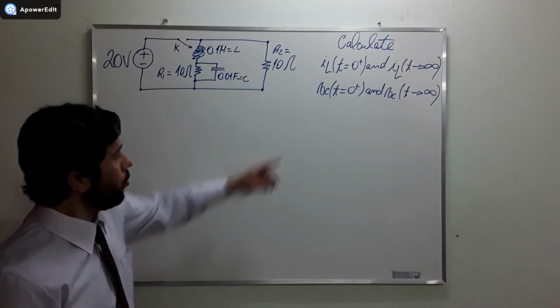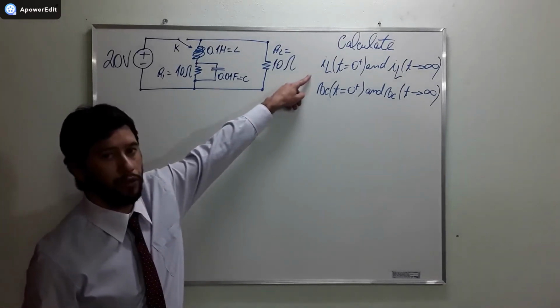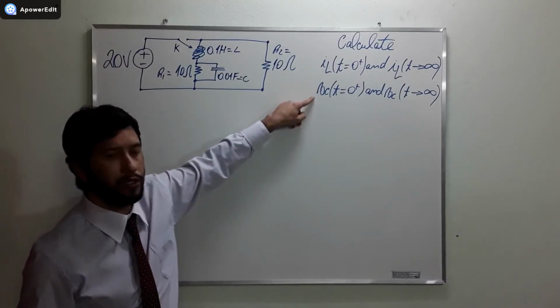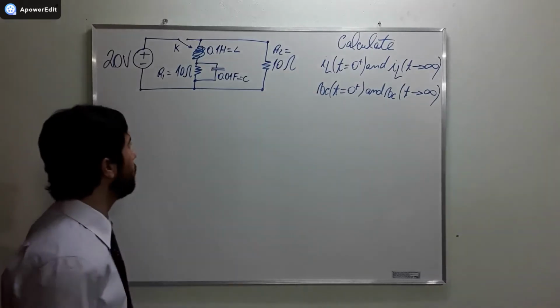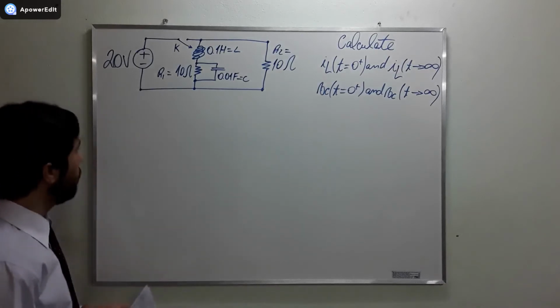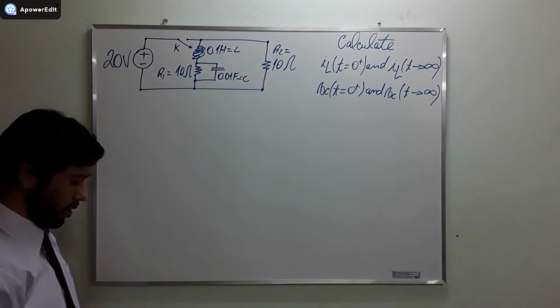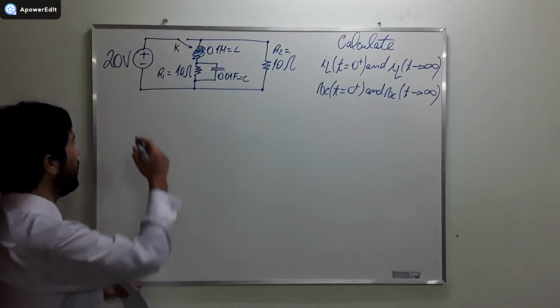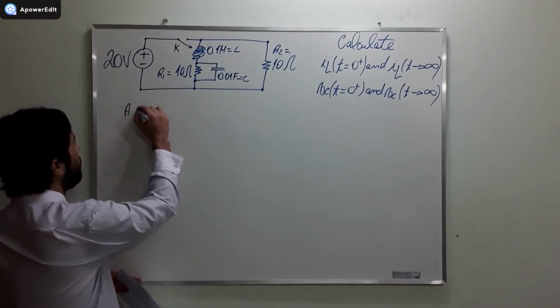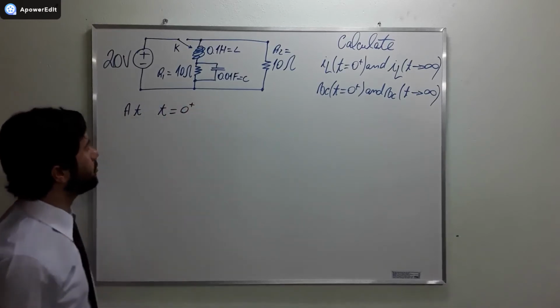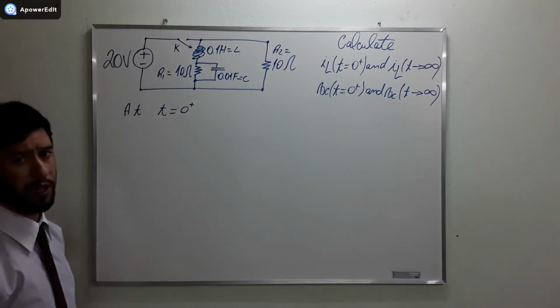Firstly, we are going to calculate the values for t equal to 0 plus, the current in the inductor and the voltage across the capacitor. So, at the moment the switch K is closed, at t equal to 0 plus, what happens here?